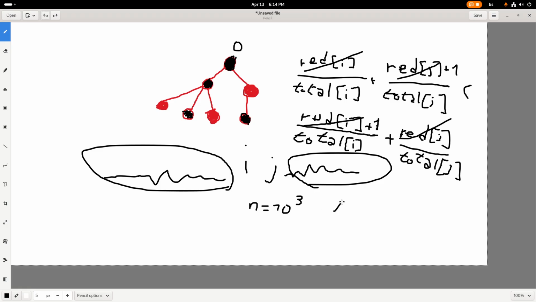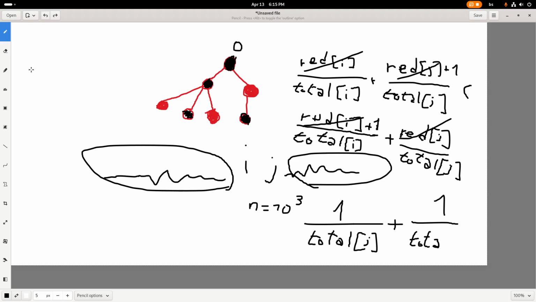simplifies, and then you just get that it's better to greedily take the one with, oh, actually, no, I messed it up.